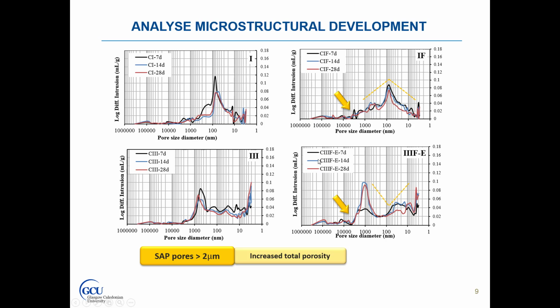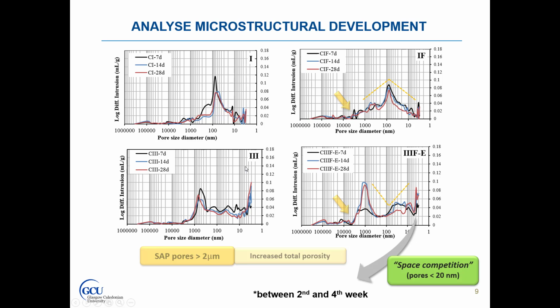However, at 28 days, the number of smaller pores under 20 nanometer was reduced in SAP samples, while in the reference sample, this amount has not changed over time.